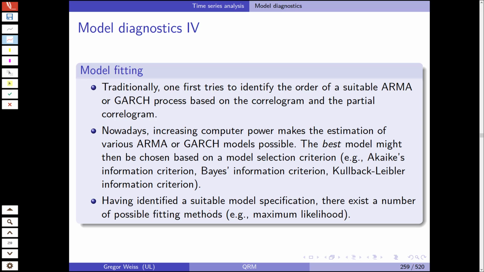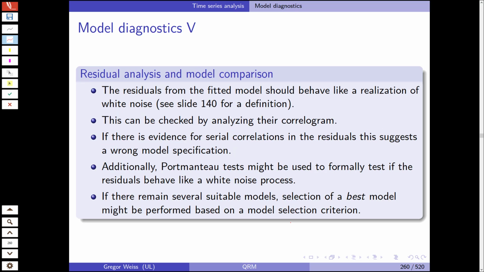And this only says that you already know that you need some kind of model for the conditional mean, that you need a model for conditional volatilities. You just don't know which model best fits the data. And then you use these model selection criteria and you choose the best fitting model. So having identified a suitable model specification, there exists a number of possible fitting methods, and then, for example, you can use maximum likelihood to fit those models to the data.